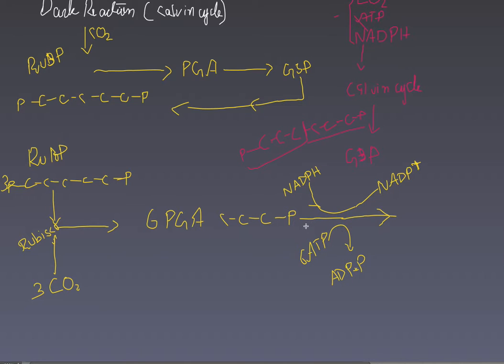So the main function of this process is to keep reducing the molecule, so that we make glucose, a highly energy rich molecule which we can use to generate ATP as a source of energy. So you use 6 molecules of ATP and end up with ADP and a phosphate group, and 6 molecules of NADPH are reduced to NADP plus. So we eventually end up with 6 molecules of G3P.